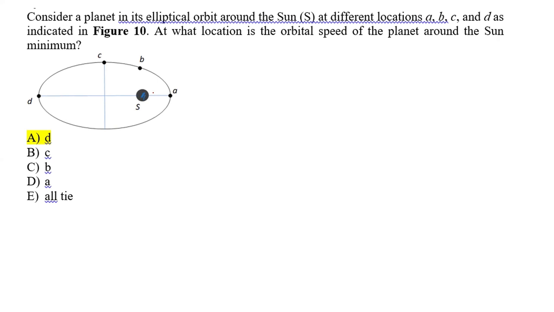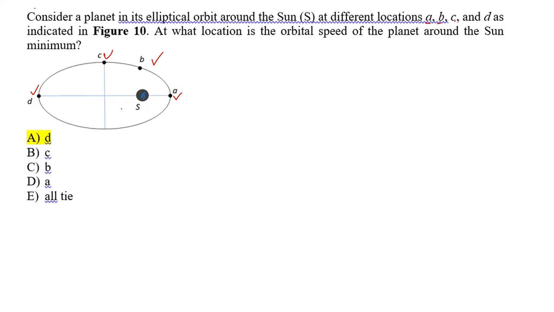The planet is at different locations A, B, C, and D as indicated in the figure. A is here, B is here, C is here, and D is here. At which location is the orbital speed of the planet around the sun the minimum? Muhammad: D maybe, because it's so far from the sun.